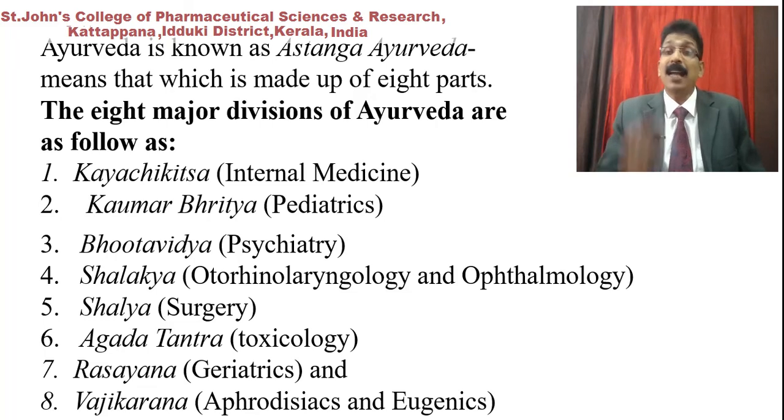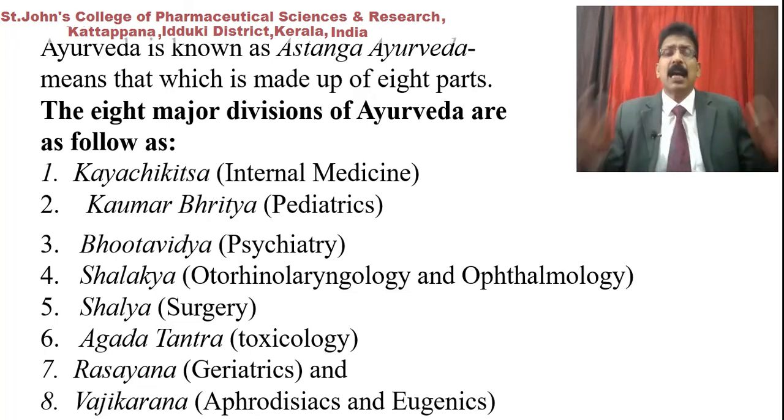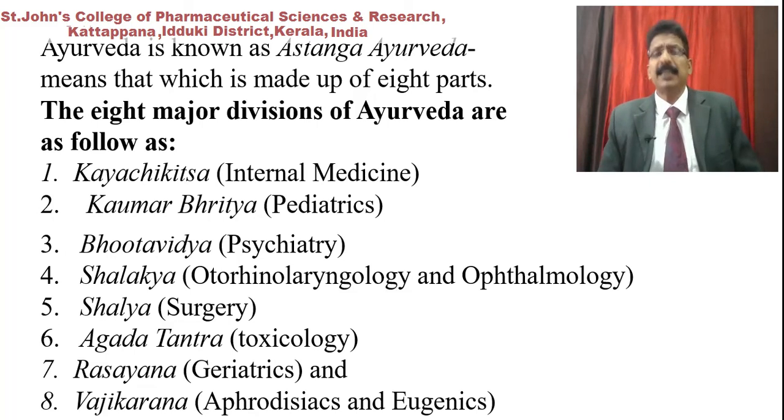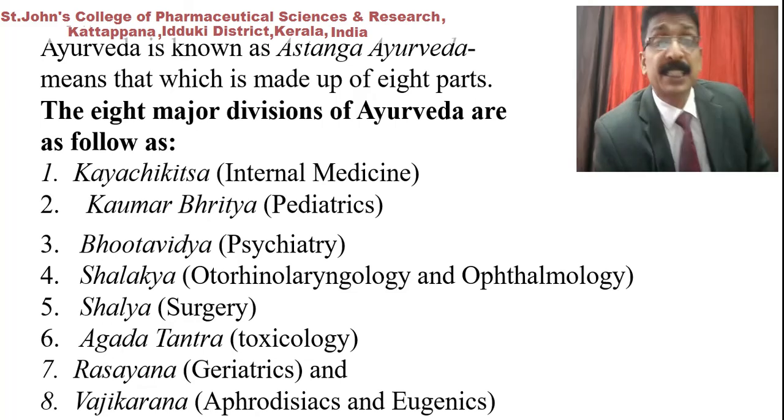Kaya Chikitsa is internal medicine. When we talk about internal medicine in Ayurveda, it comes with all the other treatments. Like the physician in allopathic medicine, here also the physicians have almost all the diagnostic treatments in internal medicine.